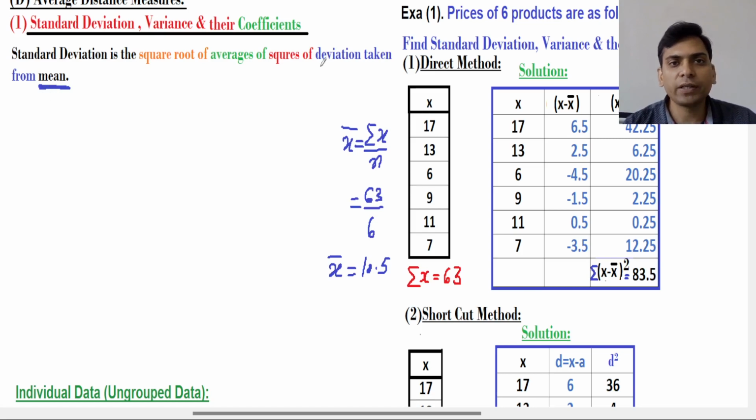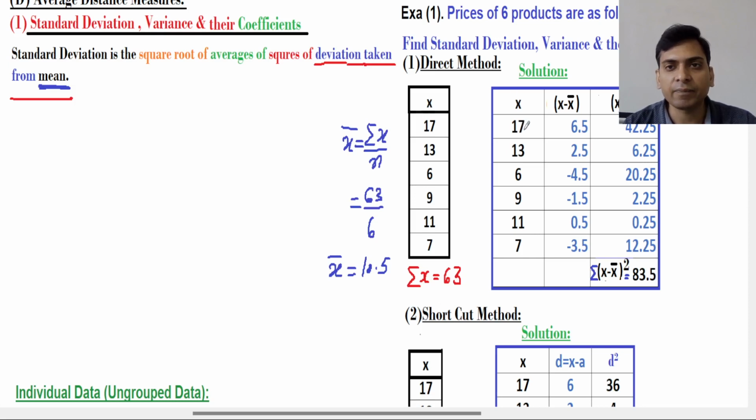Now the next thing is deviation taken from the mean. Deviation taken from the mean means the difference of all the values with respect to the mean. We have the mean equal to 10.5, so we will find the difference with respect to all these values.